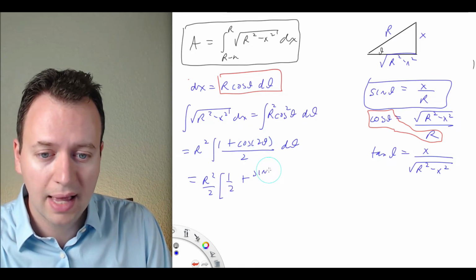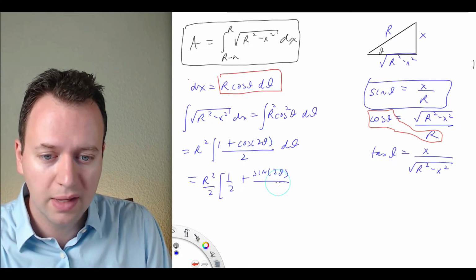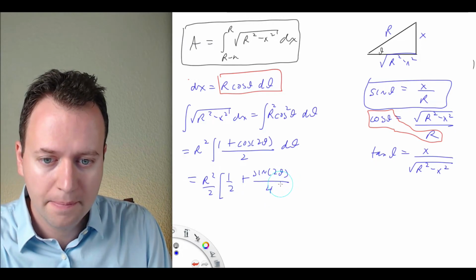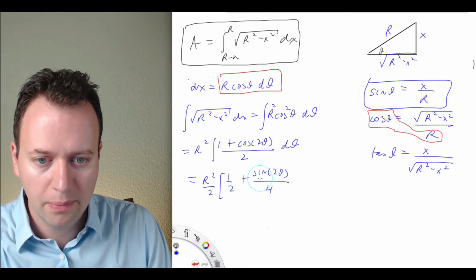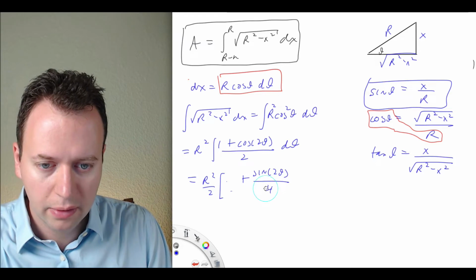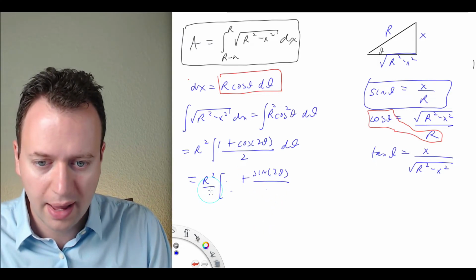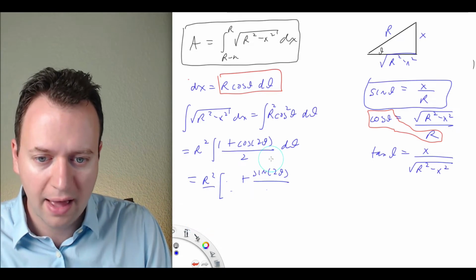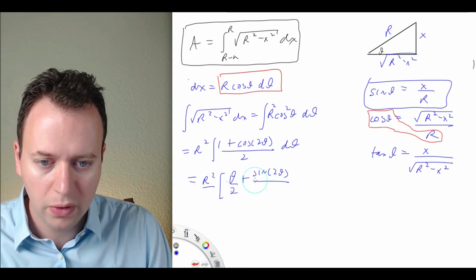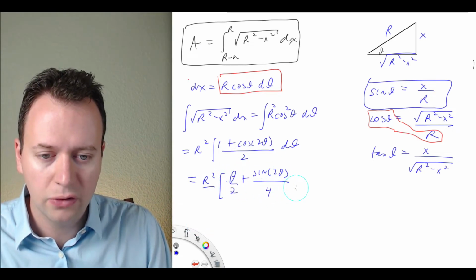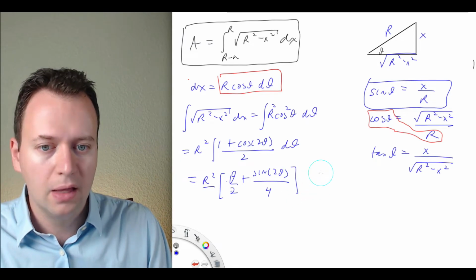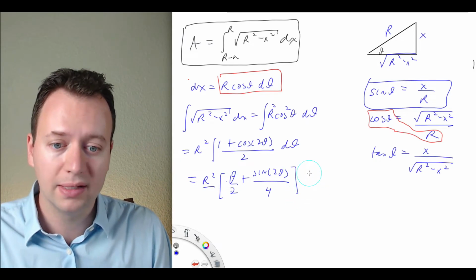So we get sine of 2 theta, divided by the 2 on the inside, over 4. Let me just not pull out the 1/2. So the integral of 1/2 is theta over 2, and this one is sine of 2 theta over 4. So that's the antiderivative, and now we want to substitute back in.